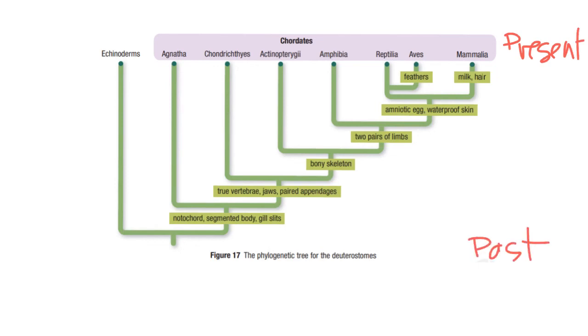So regardless of how much time has passed, over time, we've had changes occur, and those changes are indicated here. So for example, at some point in time, organisms in phylum Chordata developed a bony skeleton, and that allowed them to later develop limbs and so on and so forth.